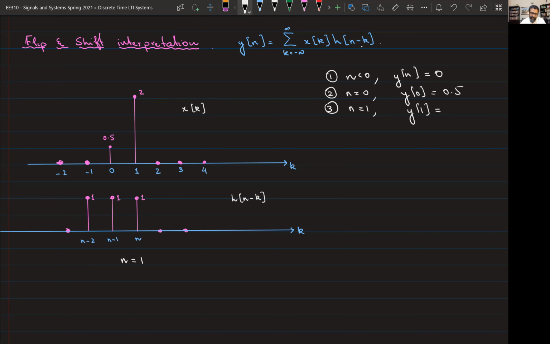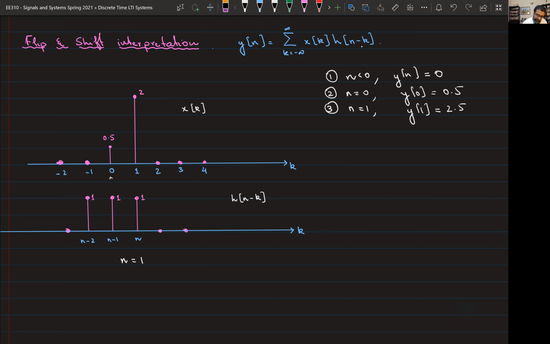Why is it 2.5? Because I'm multiplying these two things together. When I multiply these two together, I get 0 at all other places, except at n equals 0, I get 0.5, and at n equals 1 or k equals 1, I get 2, right? And I sum everything up, that's 2.5. Okay, so this is 2.5.